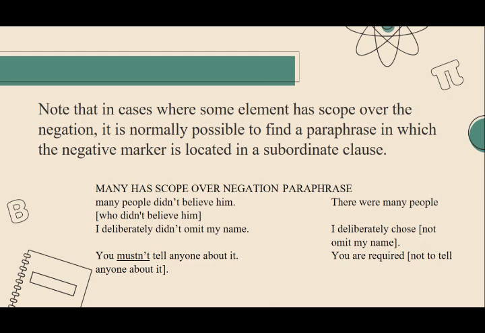And the next, I deliberately didn't omit my name. A paraphrase is, I deliberately chose not to omit my name. And then, you mustn't tell anyone about it. This sentence we can paraphrase: you are required not to tell anyone about it.